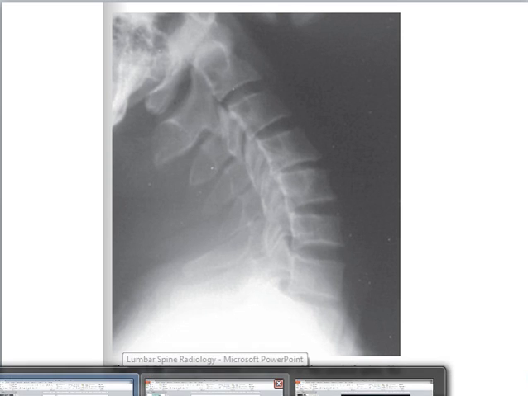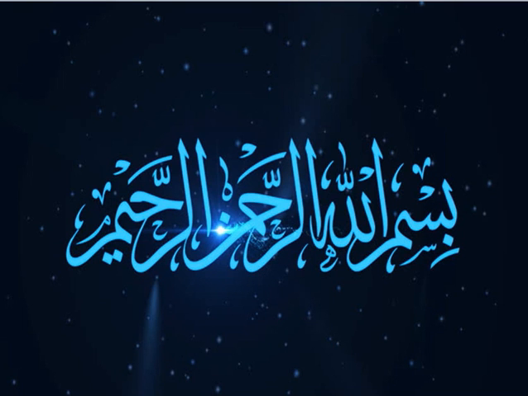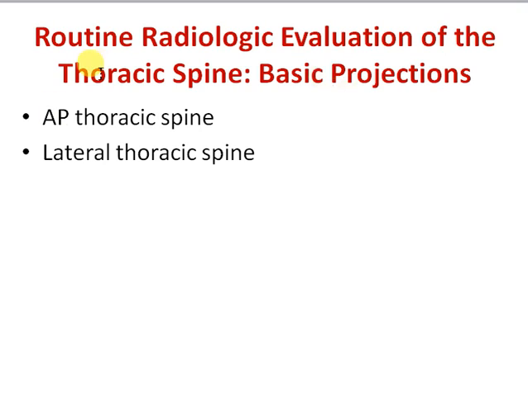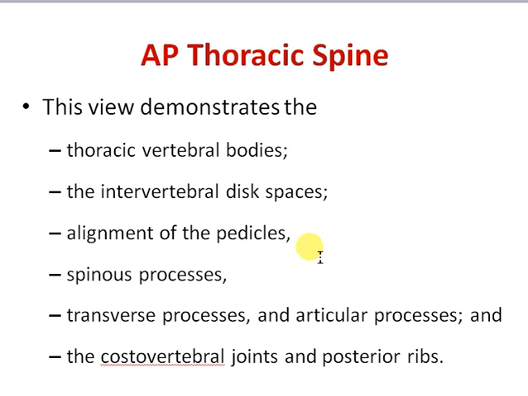Now if you look at the thoracic spine radiology, you have the same views, the AP and the lateral. In the AP view, you look for all the same features that we discussed in the cervical spine.